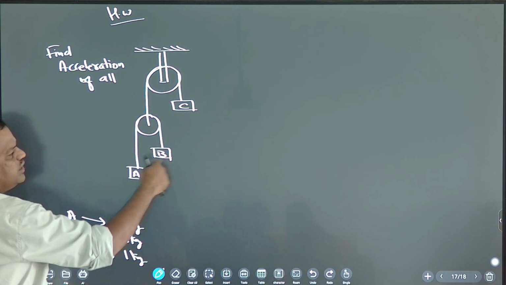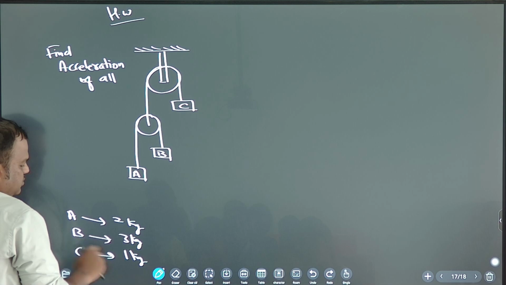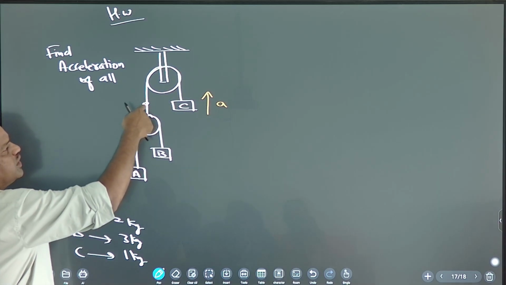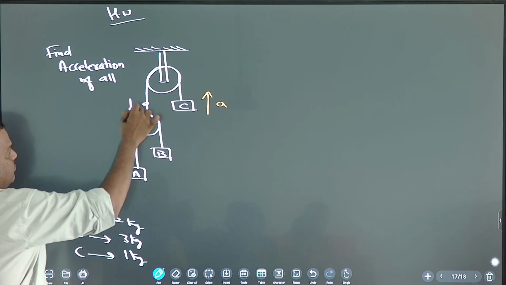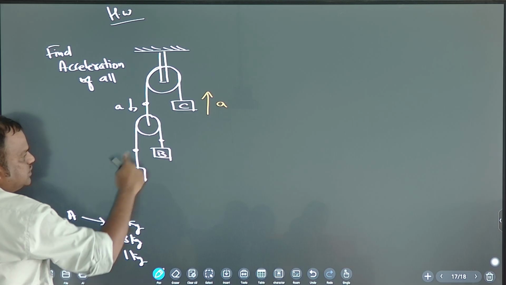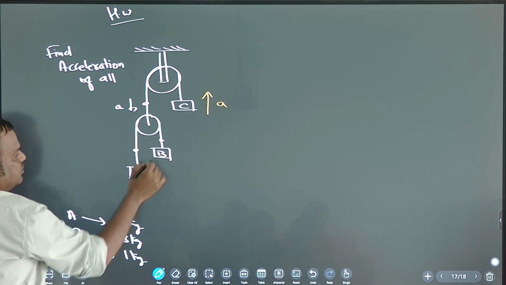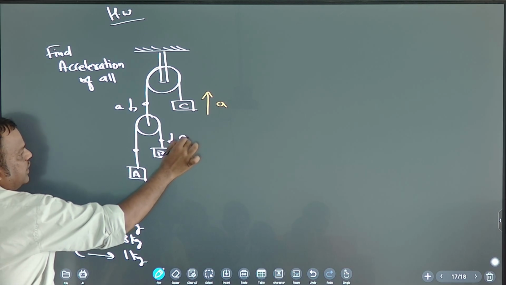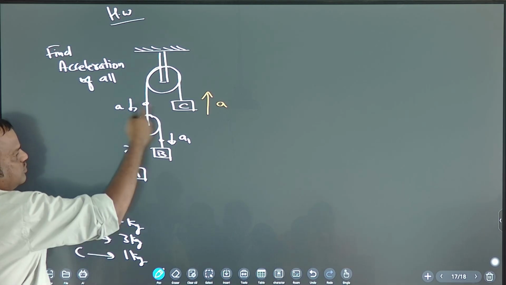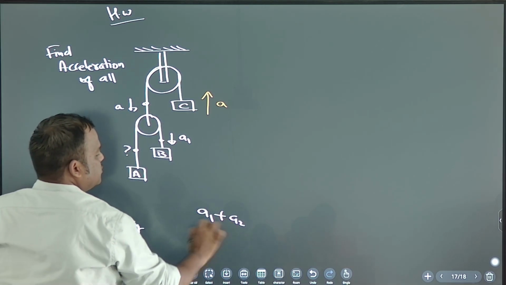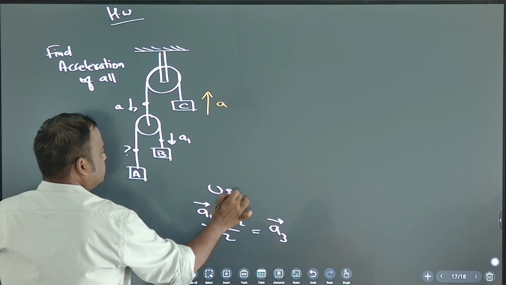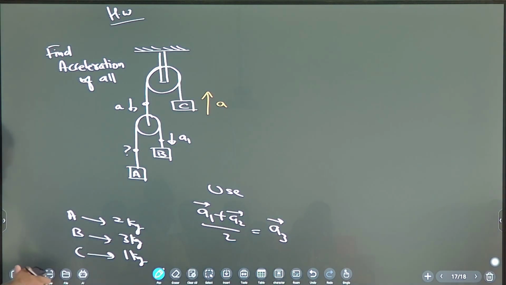A and B both are heavy, 2 and 3. So C is light. You can assume acceleration of C upward. A downward. Now you can assume acceleration of these points. Suppose B is going down with A1. So find the acceleration of this point. Use the formula: A1 plus A2 by 2 is equal to A3. Use this. Okay, this is homework.